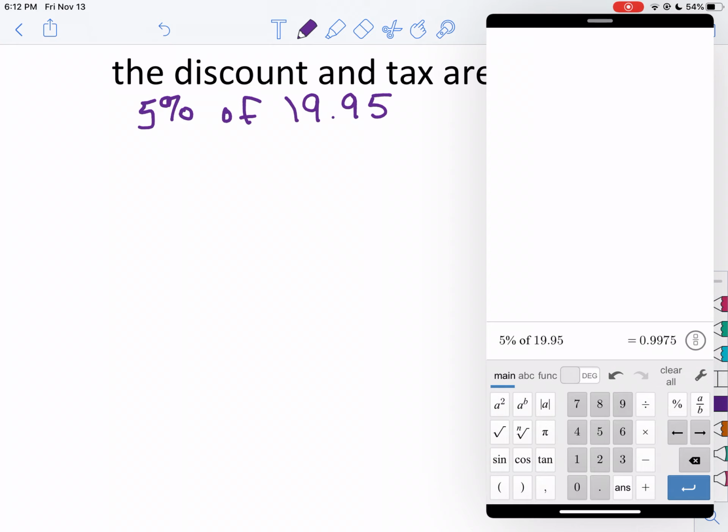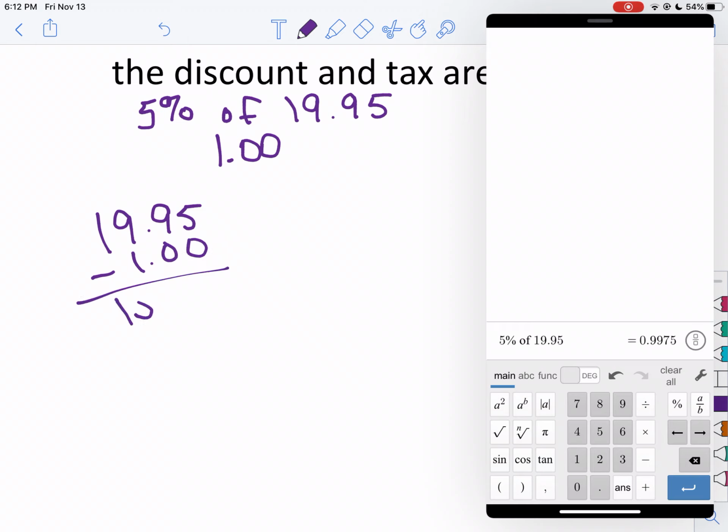So we're actually going to round that up to $1. Okay, so she gets a $1 discount, which means we're doing $19.95 minus $1. So $18.95.